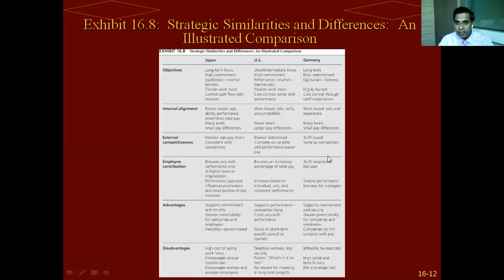That is what is made here. External competitiveness is more or less the same as competitors: in an industry, all the companies pay more or less the same salary. So this is the information an employer is required to know about a country in which he or she is sending employees to work.